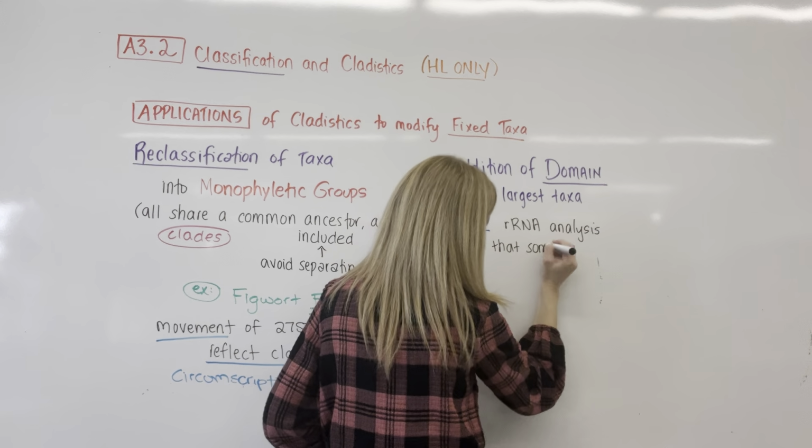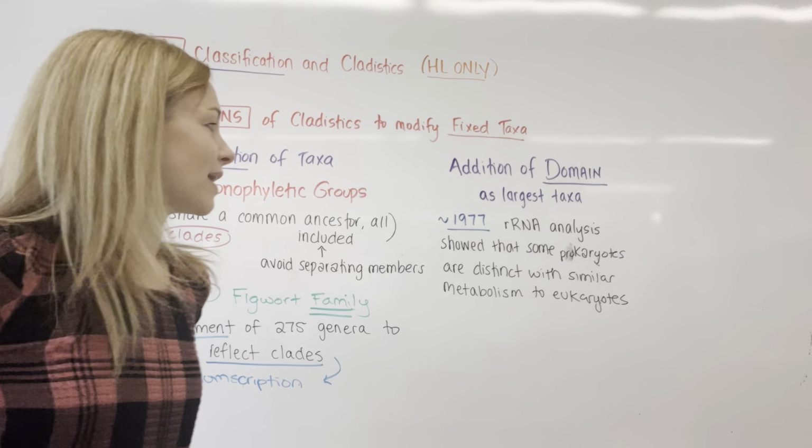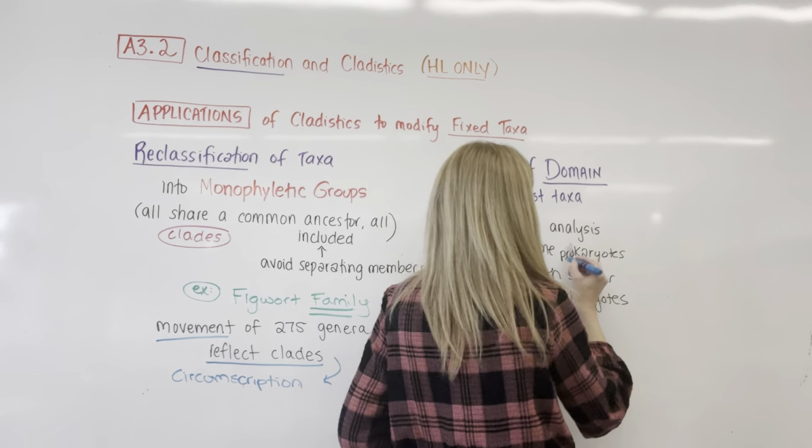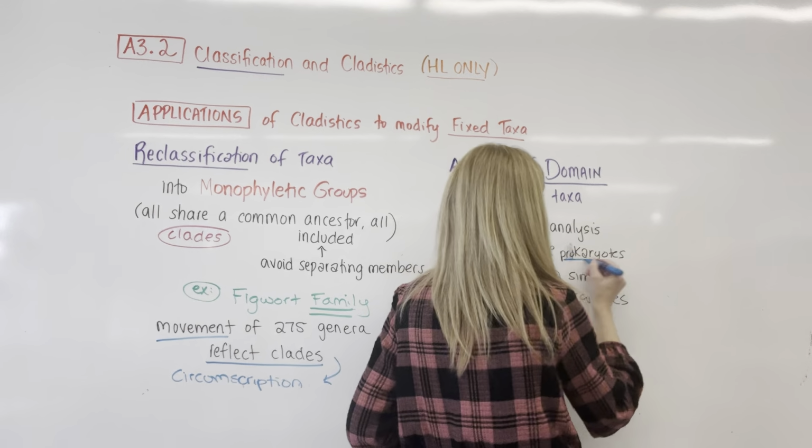So this idea that they actually didn't really fit. So prior to that, we only had kingdoms, and all prokaryotes were in the same kingdom, which was kingdom Monera. So prior to this, it was like everything that's a prokaryote, same kingdom. But then now this is saying, well, wait, some of them are really different.